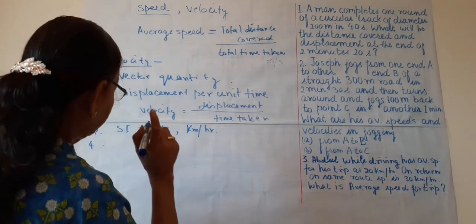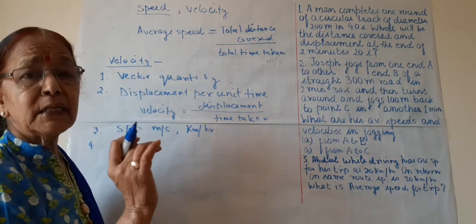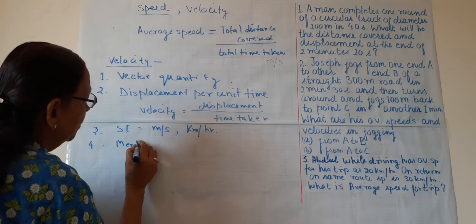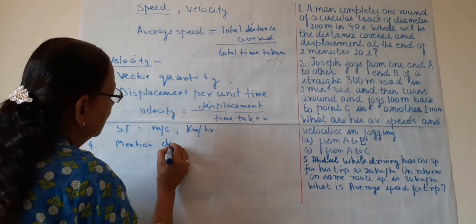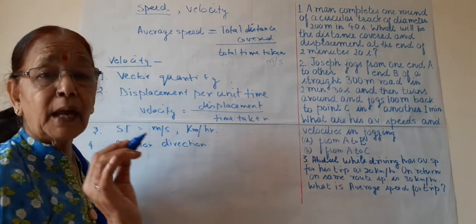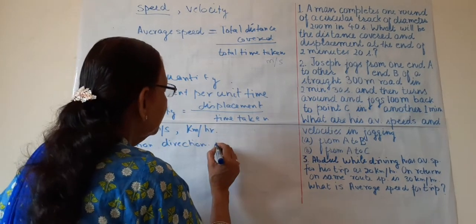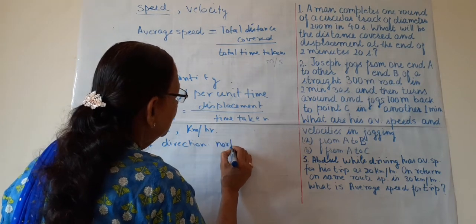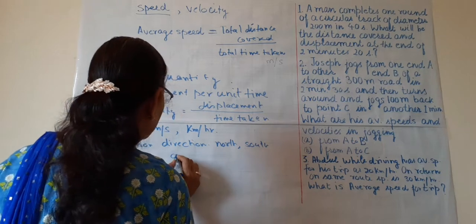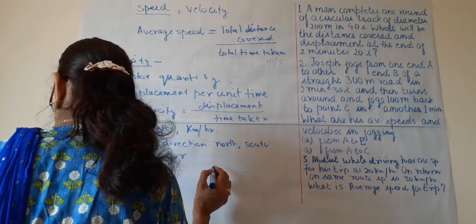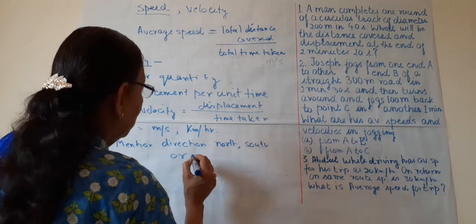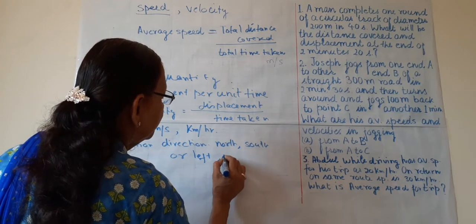One more thing, when we are writing velocity, we should mention the direction also. Mention direction when we are describing velocity. This direction may be north, south, any direction, or this may be left, right.